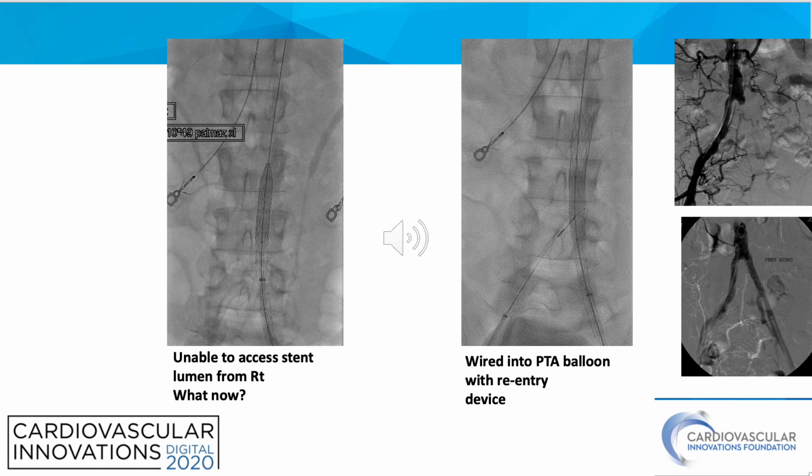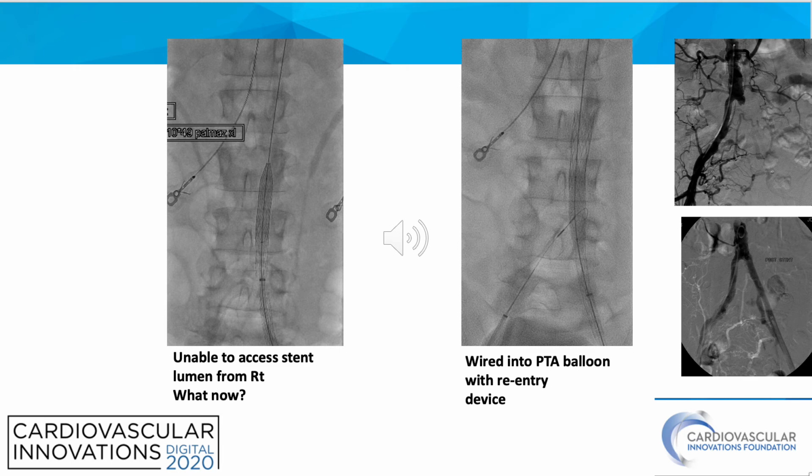Since we're initially not successful in obtaining access through the abdominal aortic stent from the right side, we decided to use a re-entry technique that we really like for not only this position but into the tibials, where we actually put the balloon up in the lumen from the left, so we knew we were in true lumen there, or the lumen we were creating, and we utilized a re-entry catheter.